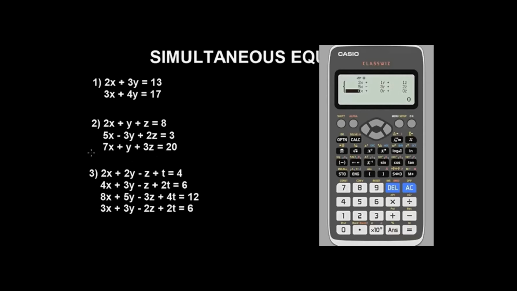So coefficient of 7x here is what? 7. Okay. Coefficient of y here is what? 1. The coefficient of 3z here is what? 3. The constant here is what? 20. Very simple, guys.